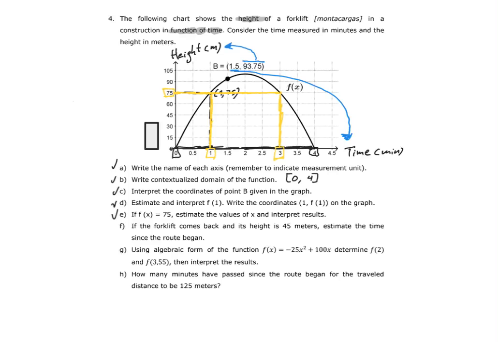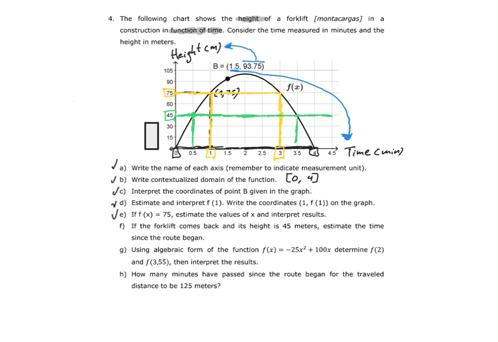Now for the next one: if the forklift comes back and its height is 45 meters, estimate the time since the route began. They are telling us that the forklift is coming back and it is at a height of 45, which is here. Height 45 crosses the function at 2 points, one here and one here.